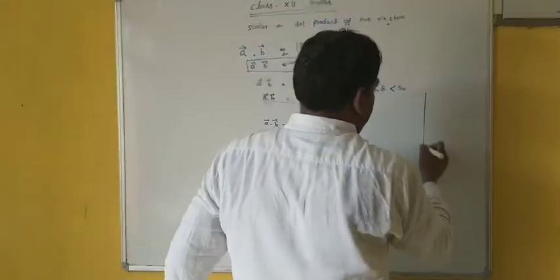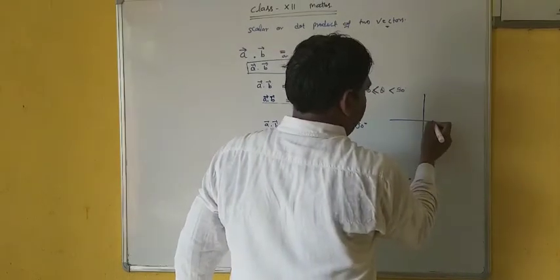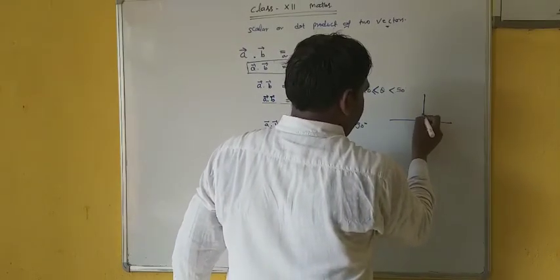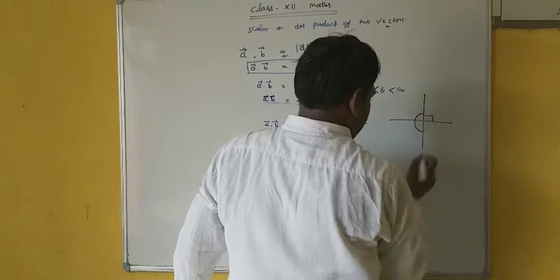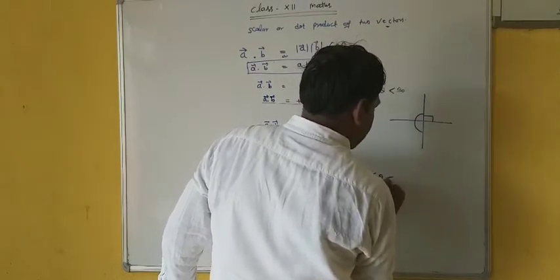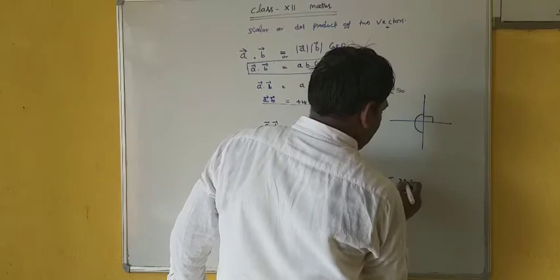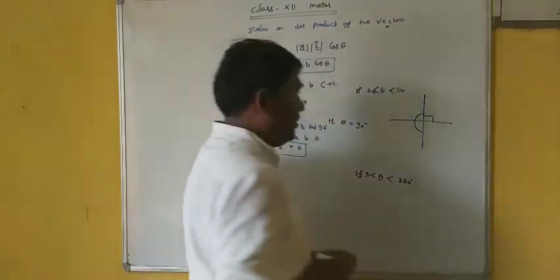Just see this theta from here to here, but it is from here to here, meaning less than 270 degrees.